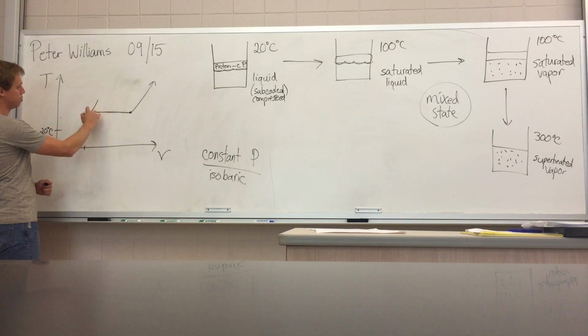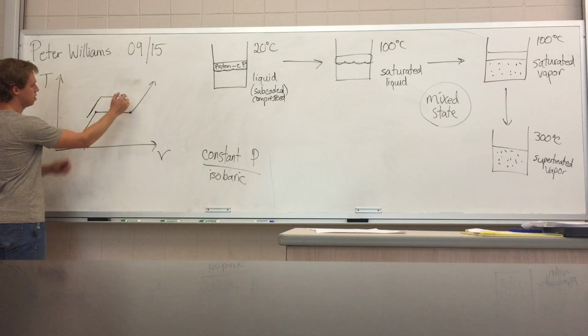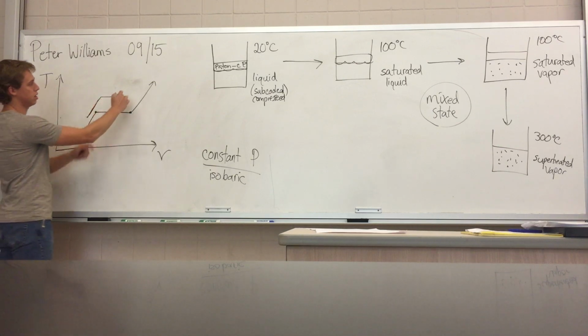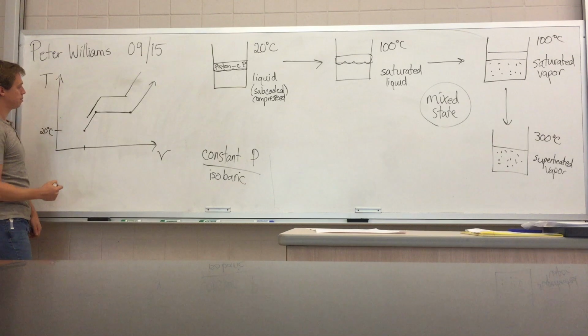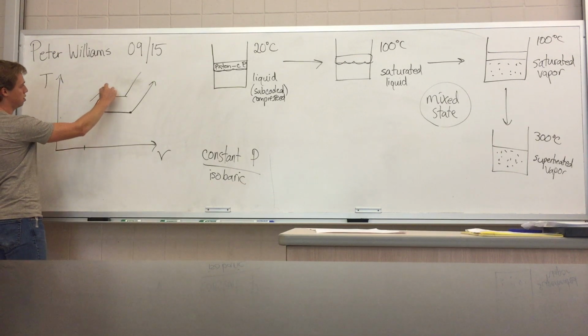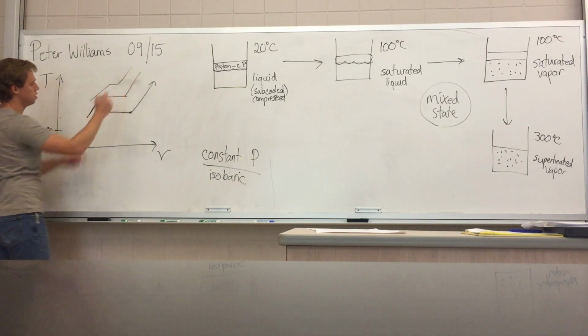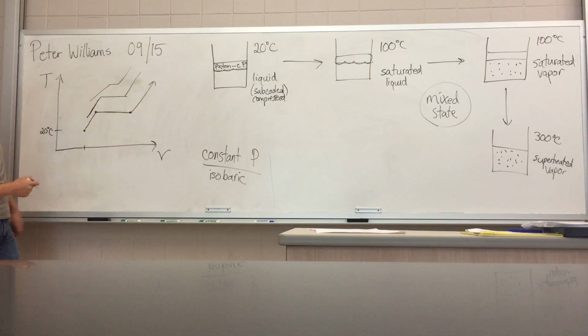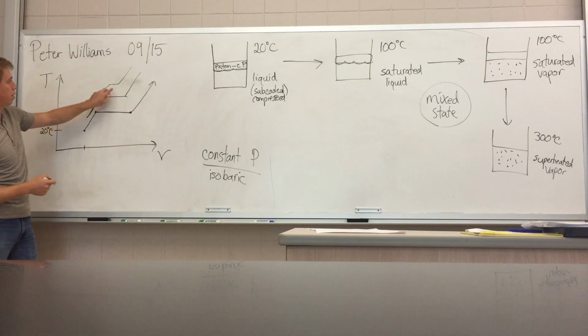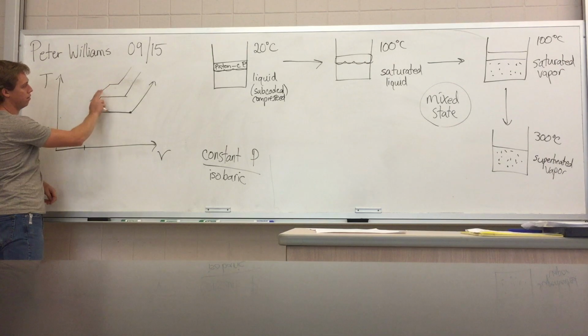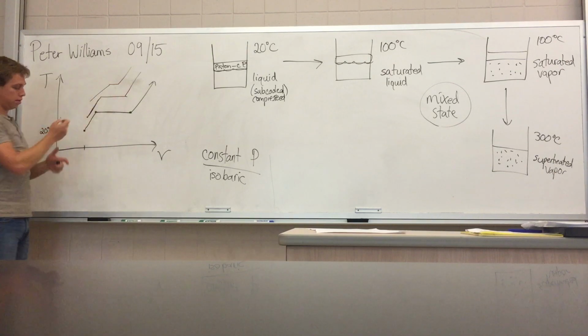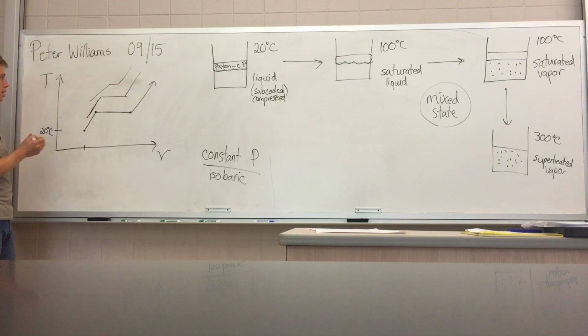We still go up, we come across, but we come across a little bit of a shorter distance, and then we go up. Keep going, come across. It's getting pretty short now, that distance that we have to travel. See, it's the same shape, but this mixed state phase transition is becoming less and less. It takes less and less energy to transition across there.